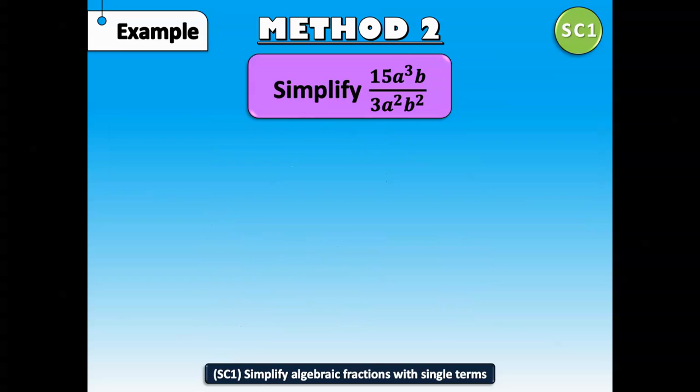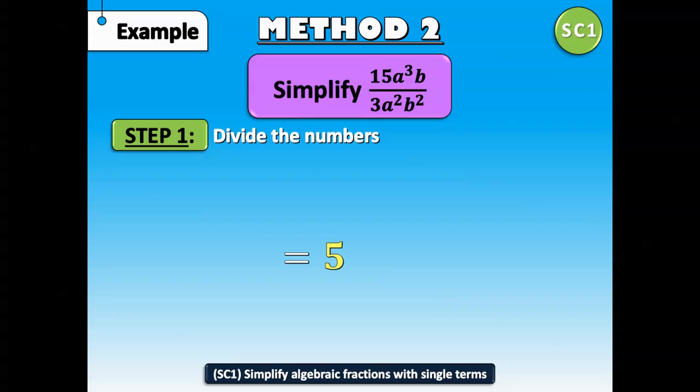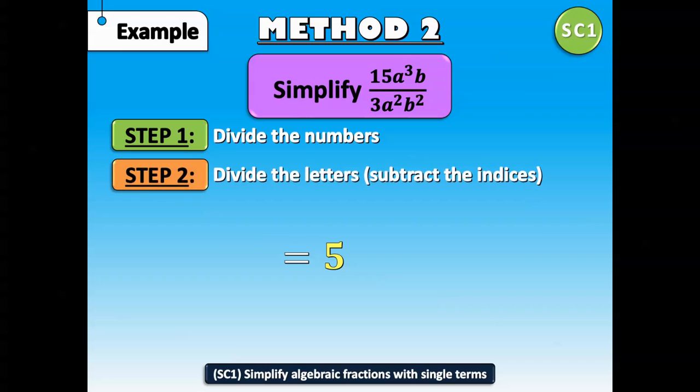A second way to do it would be to divide the numbers. So 15 divided by 3 is 5. Then we divide the letters. So because we're dividing, we subtract the indices. So a to the power of 3 divided by a to the power of 2. 3 minus 2 is 1.